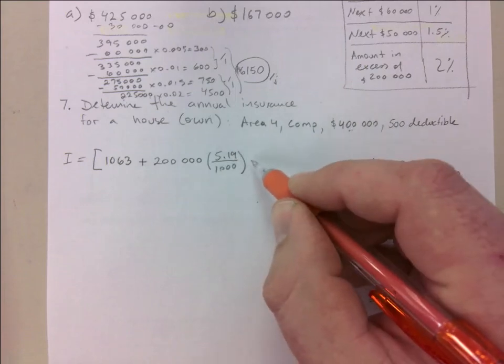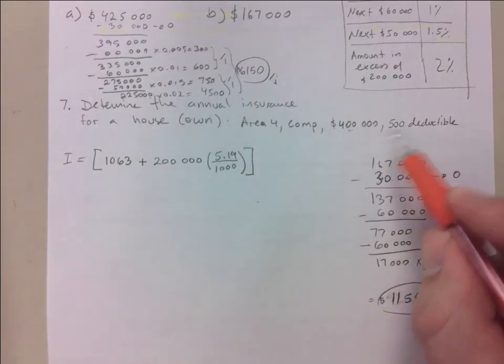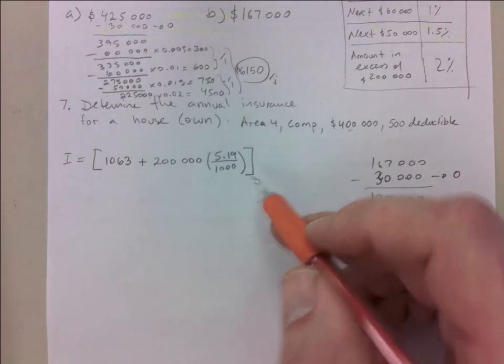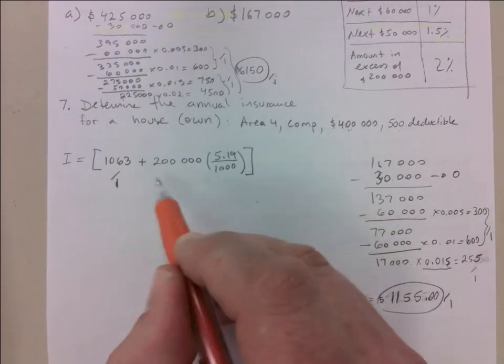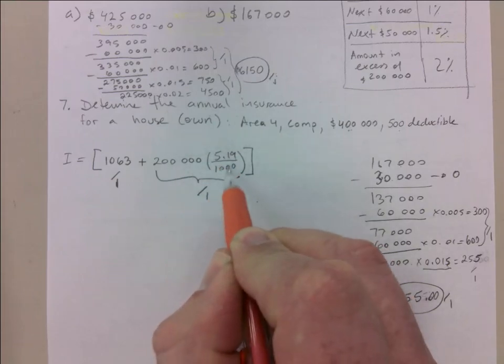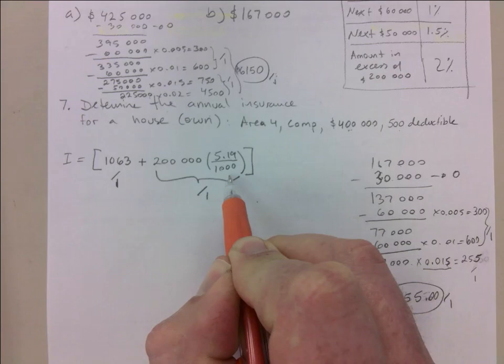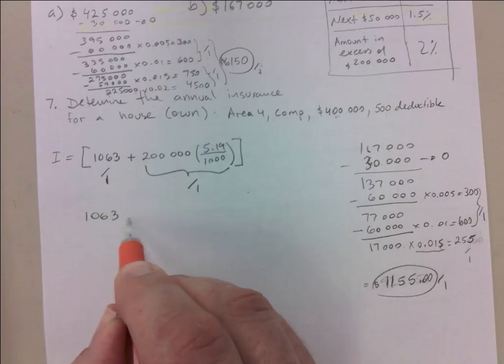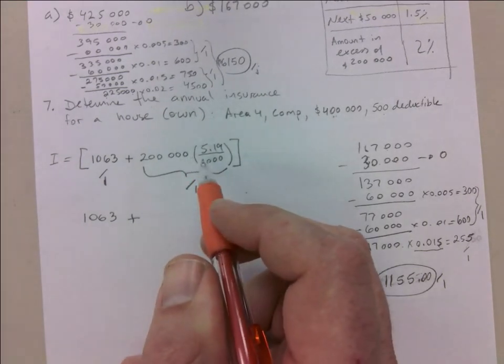Here's the mark breakdown so far. We don't need to multiply this by 1.10 because we're not needing a $200 deductible. You're going to get a mark for that. You're getting a mark for having this done accordingly. It should be done this way. Then it's 1,063. We're going to figure this out real quick.